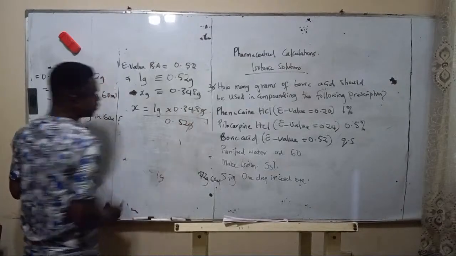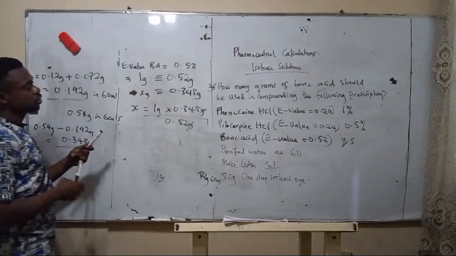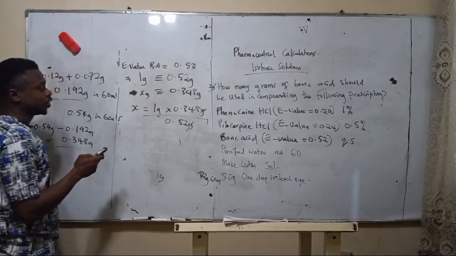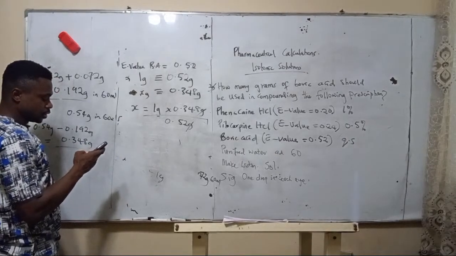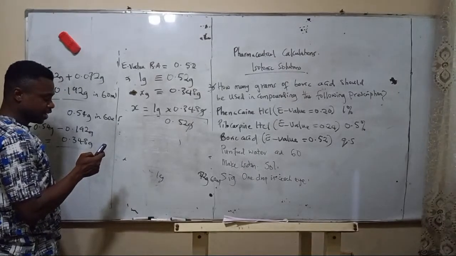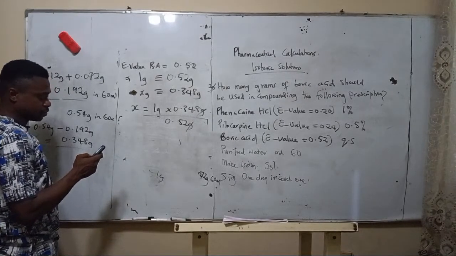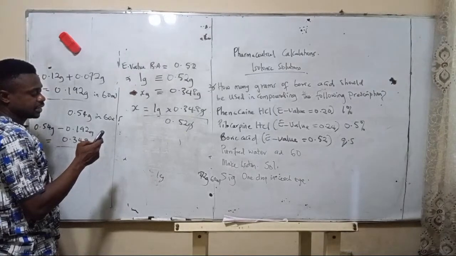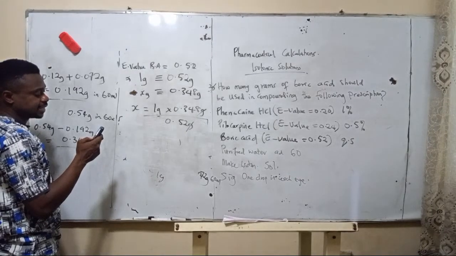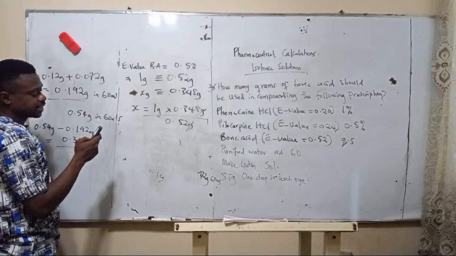Gram cancels gram. So simply do 0.348 divided by 0.52. The answer is 0.669.